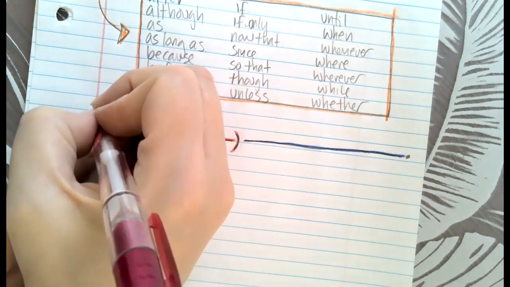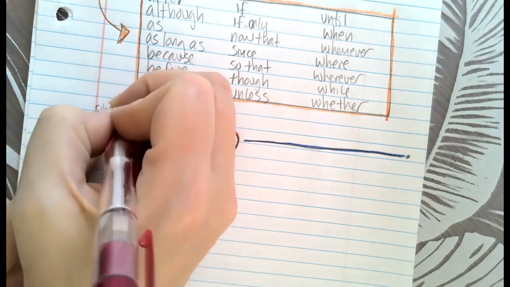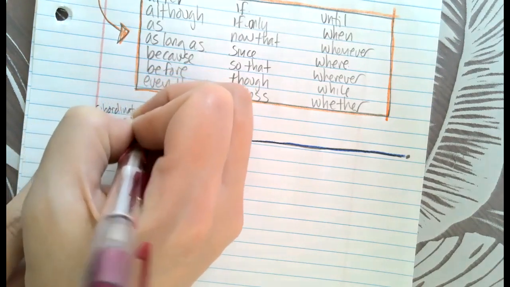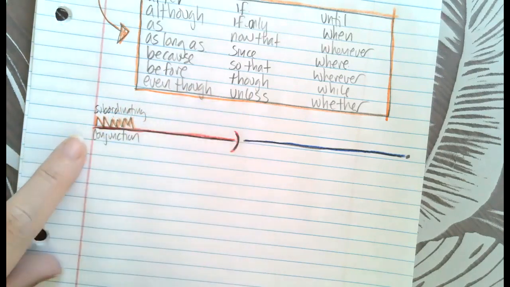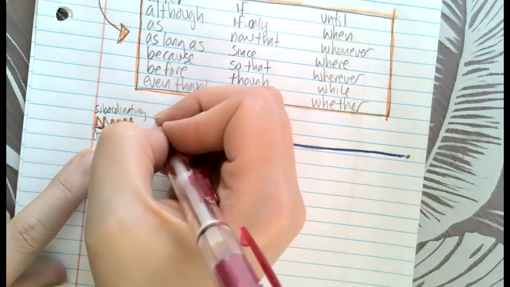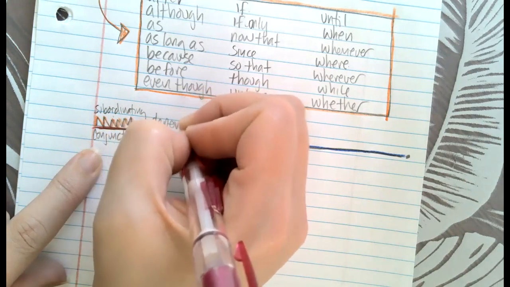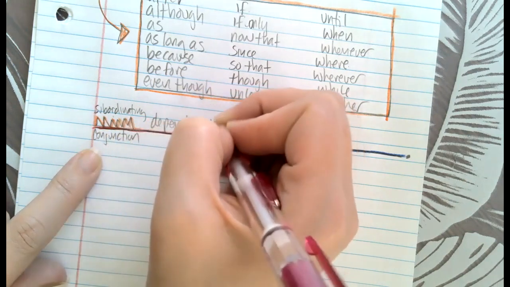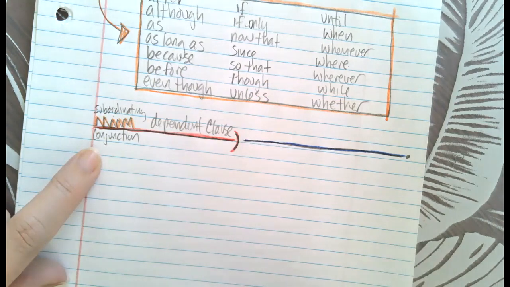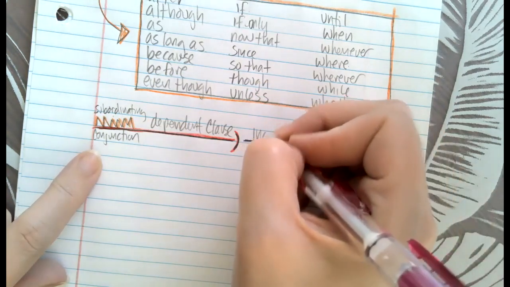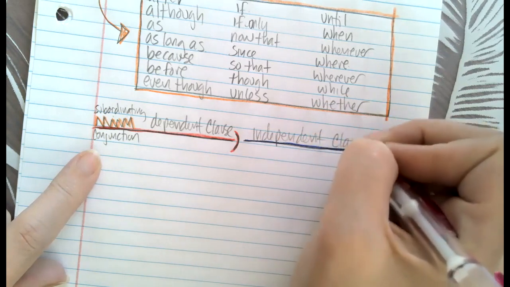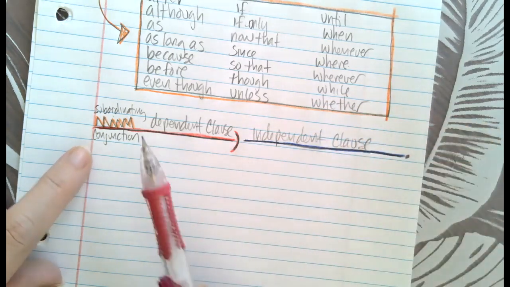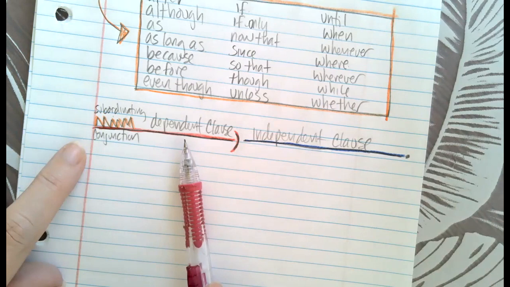So I'm going to write subordinating conjunction, dependent clause, independent clause. So this is a sentence frame that would create a complex sentence for us.